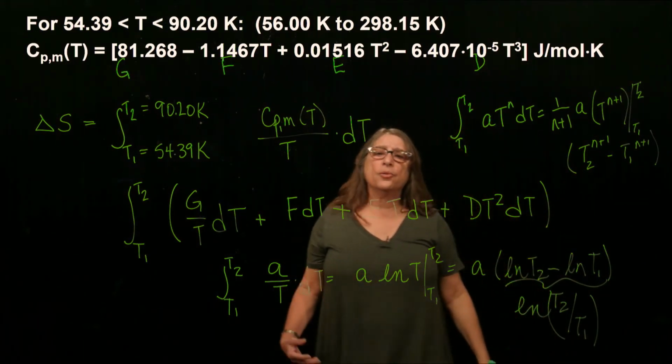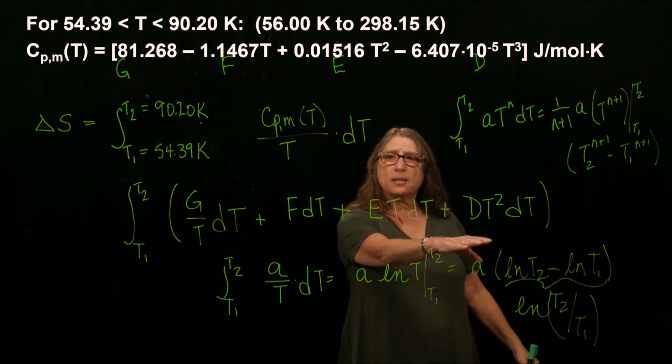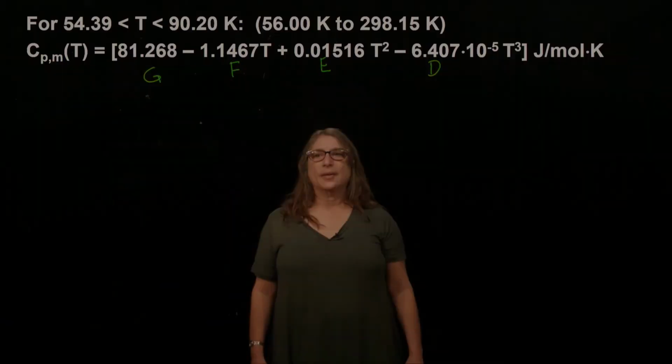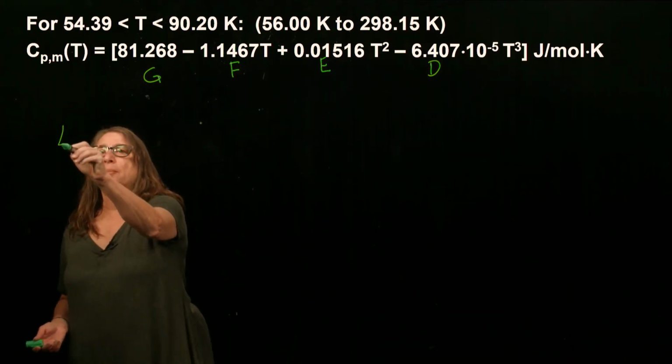Now that we know this, we can actually integrate each of these pieces and add them together. So now that we've made some space, we can continue to solve our problem.